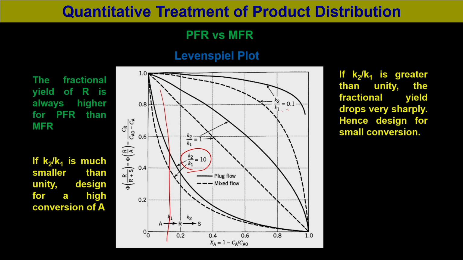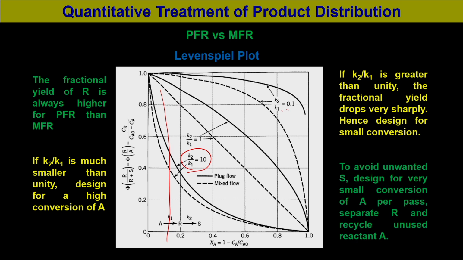To avoid the undesired product S, design for small conversion of A per pass, separate R and then recycle the unused reactant A. So, it would help to maximize the intermediate product, the desired product.